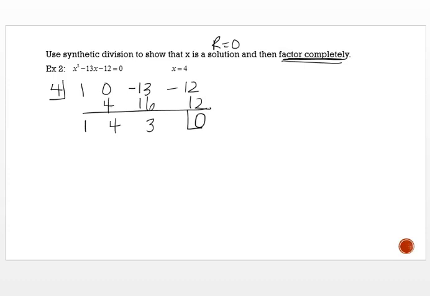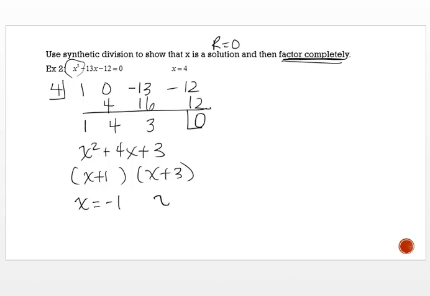All right, so this was an x cubed term, so this is now x squared plus 4x plus 3. And I can factor that. It's just going to be x plus 1 and x plus 3. So if I solve that, I get x is negative 1, x is negative 3. So then all my solutions are x is 4, negative 1, and negative 3.